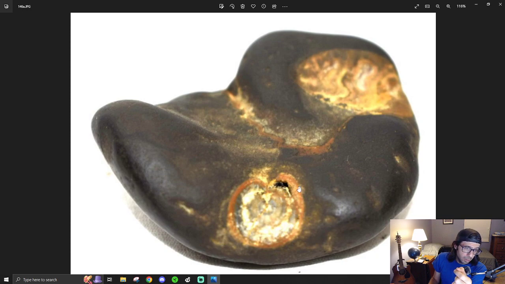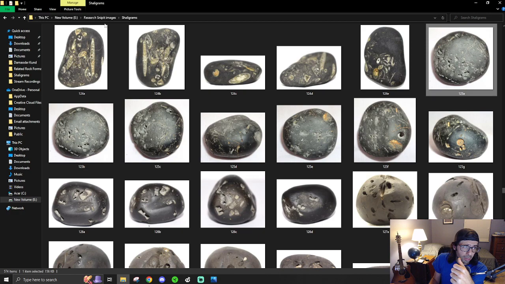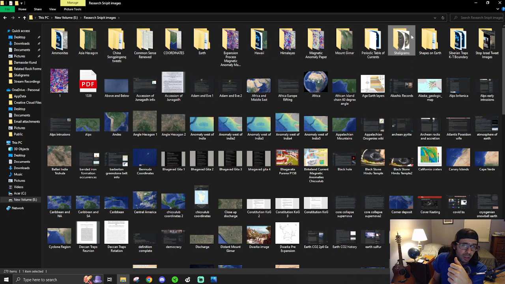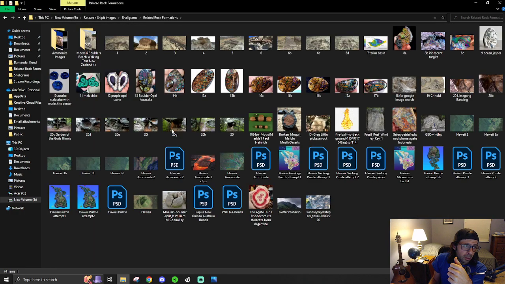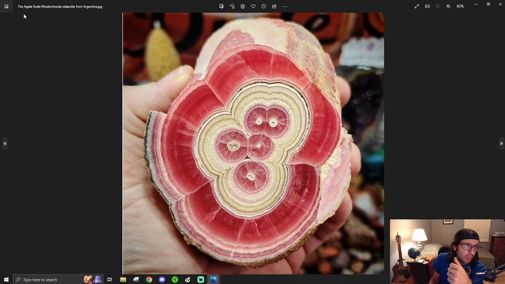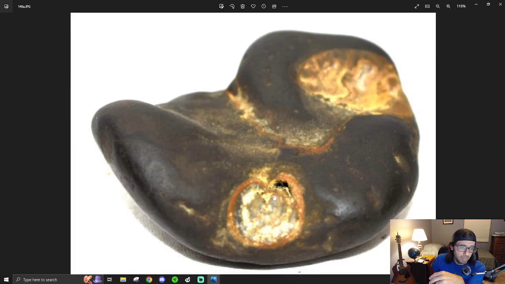This one very much like the stone, like the red stone I showed yesterday I was talking about. This one from the agate dude. A rhodochrosite stalactite from Argentina. Very reminiscent here. Kind of odd.